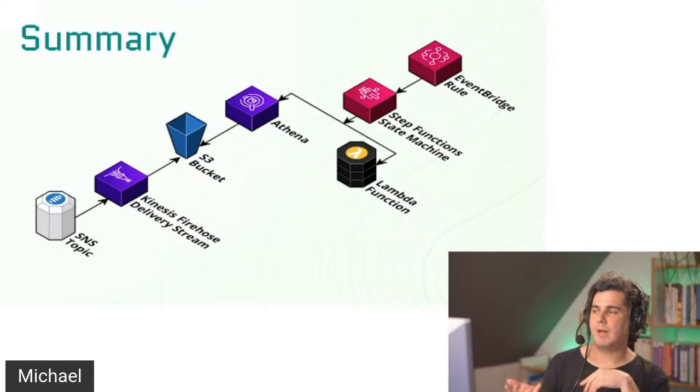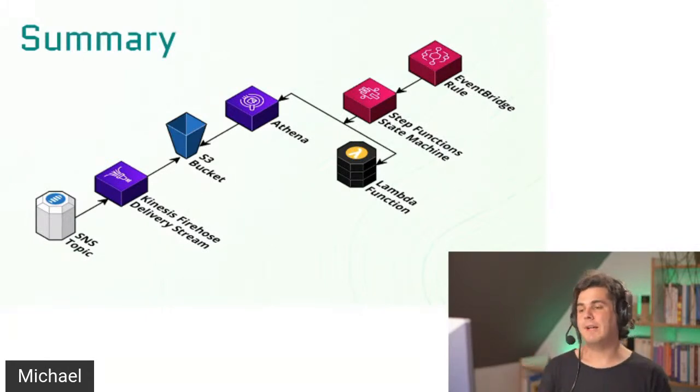If you have a logging use case, you can use CloudWatch Logs to ingest directly into the delivery stream. And if you have EventBridge as your data source, you can also hook up EventBridge directly with the delivery stream. And if you use any other data source, you can always hook up a Lambda function, connect the Lambda function to your event source, and then push within your Lambda function to the delivery stream. So that's how you can integrate it with other sources.